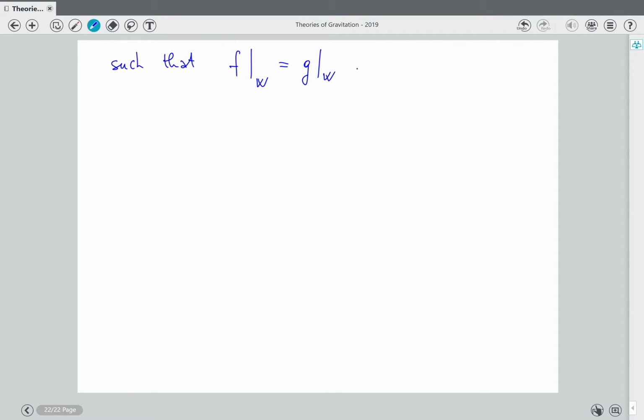And then you can take the quotient between the set of smooth functions in P and the equivalence relation.